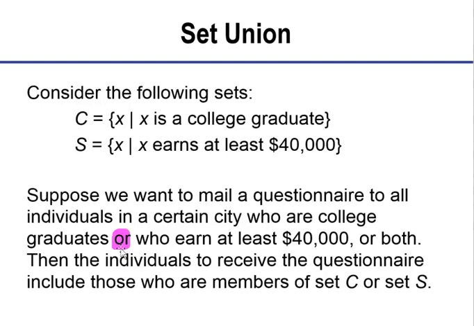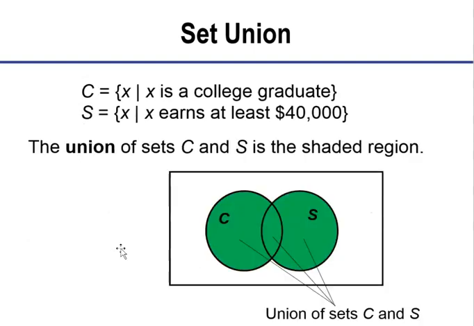All right, now what would that look like if you shaded it in a Venn diagram? Well, how about everything, right? So you could be a college graduate, which is the circle on the left, or you could be in the $40,000 or above range, which is the circle on the right, or you could be right there in the middle, which remember was the intersection. And this is called the union of sets, when you just combine two sets together.